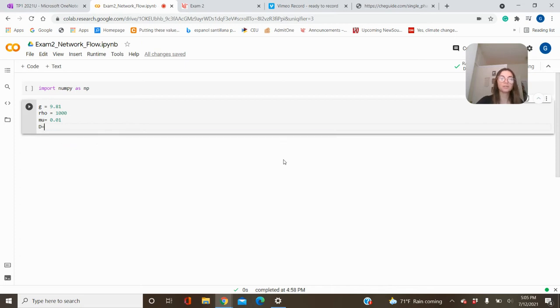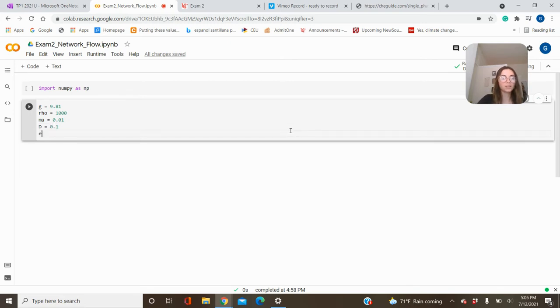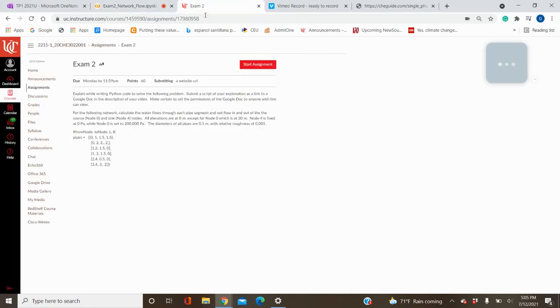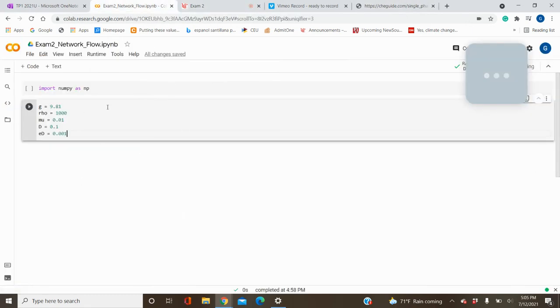We have our diameters, which are set equal for all, 0.1. And then our roughness factor, which is going to be equal to 0.001. Looks right. So these are going to be our constants.